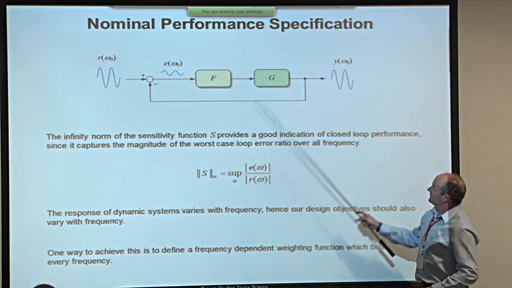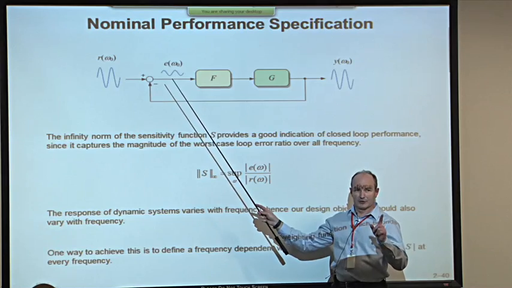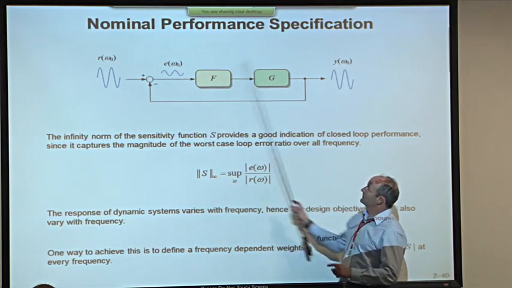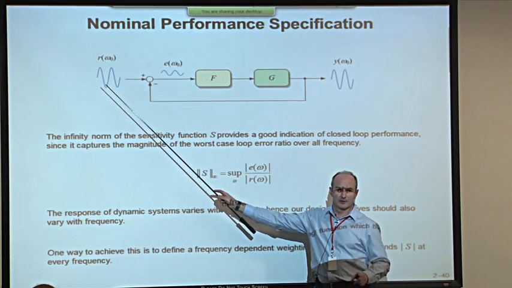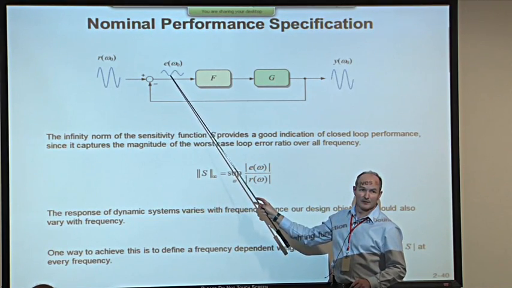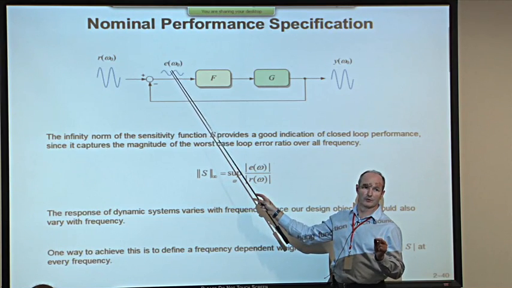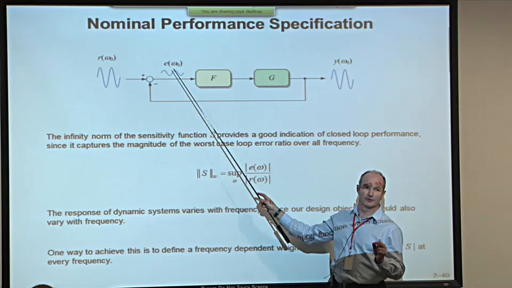So let me begin with this unity feedback loop by saying that if it were a perfect control loop, there would be no difference between r and y. Those parameters would be identical. So there would be no signal at E. The presence of a signal here means that we have an imperfect control at that frequency.